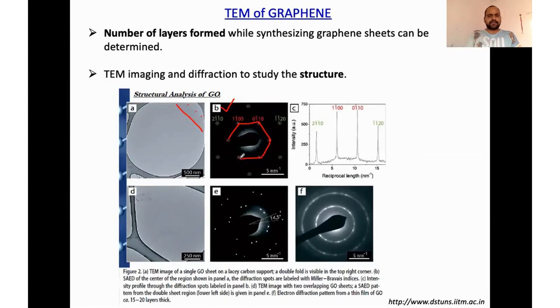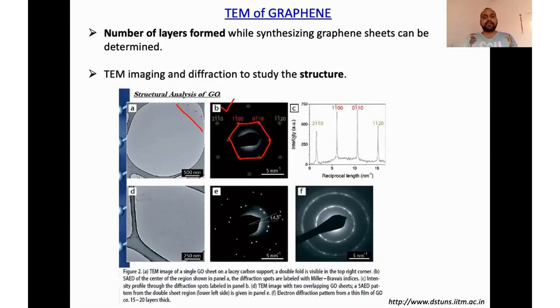So that selected area electron diffraction pattern shows this is a monolayer, because these are single spots, and then these are the secondary. So this is basically the first Brillouin zone, and by using this analysis we can clearly indicate that the grown graphene is monolayer, and here basically it's a graphene oxide sheet.